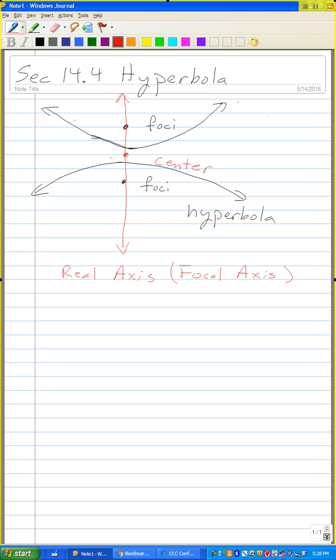If I take a line perpendicular to the real axis, that'll be called the imaginary axis. If I take the intersection of the hyperbola with the real axis, these are called vertices.